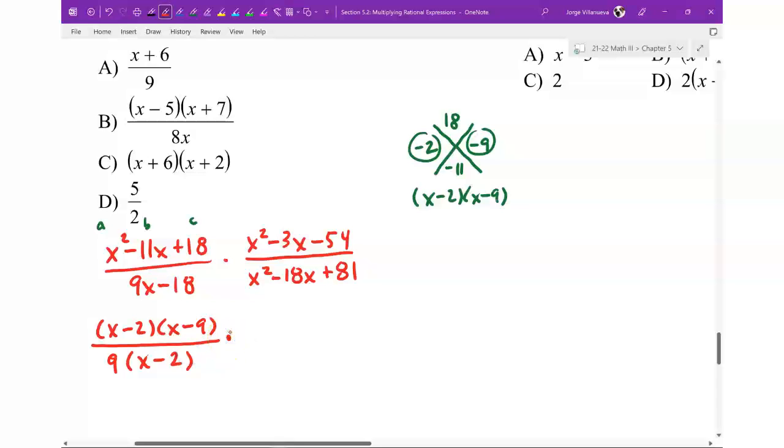All right, let's look at the top right. My A, B, C for the top right. So let me put another little x method here. 1 times negative 54 is negative 54. And negative 3 goes here. Anybody know two numbers that multiply to negative 54 that add up to negative 3?